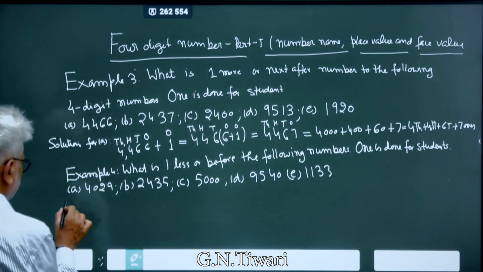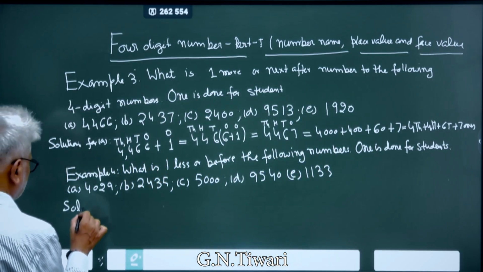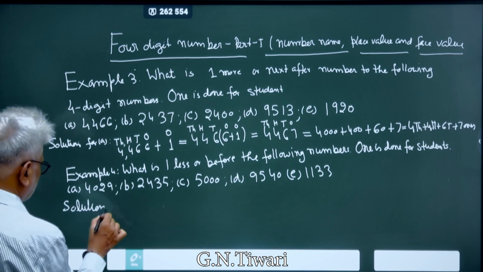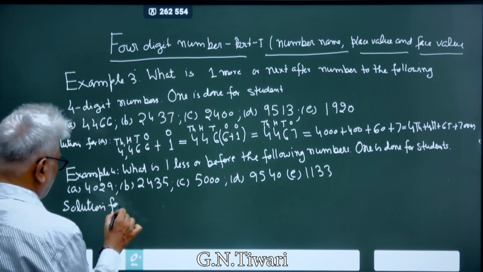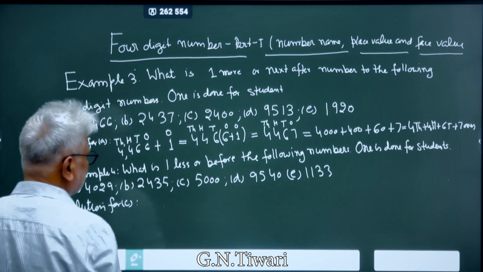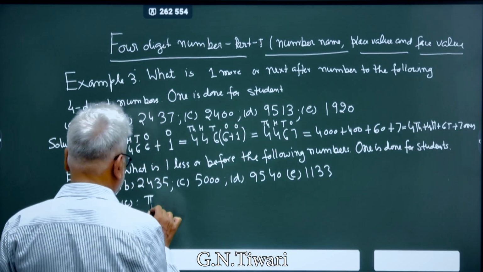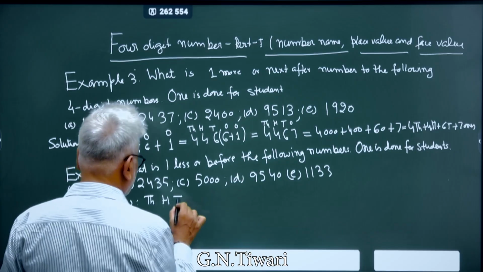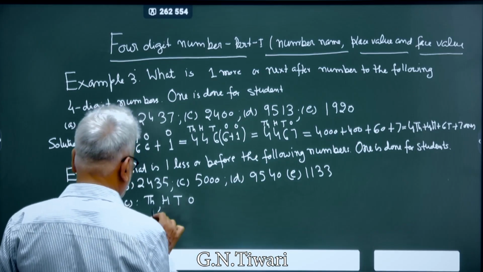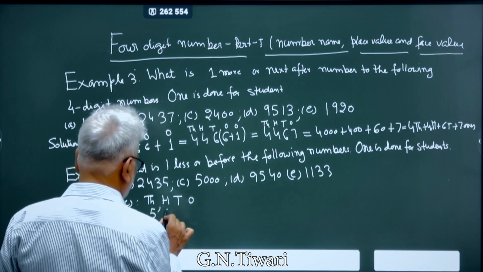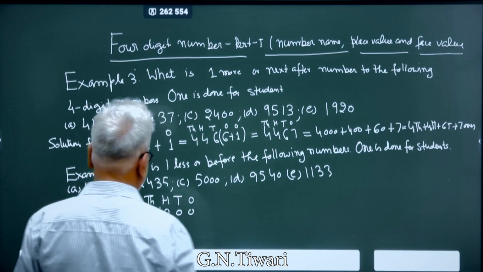Solution for C. What is that? Again, it is a 4-digit number. So TH, H, T, O. Here 5 0 0 0.